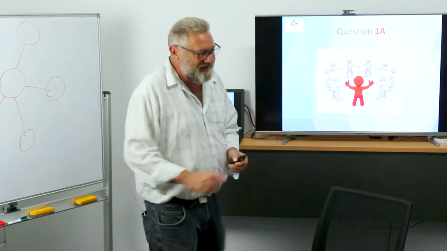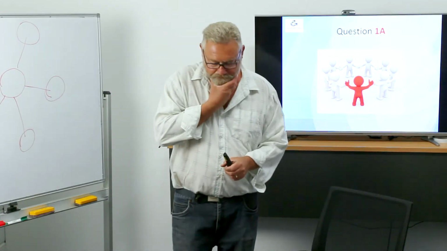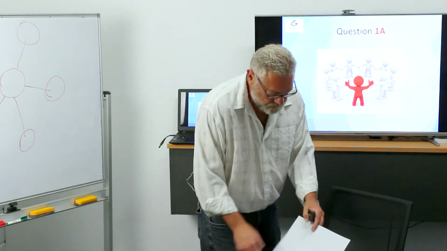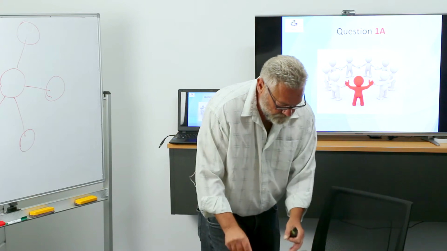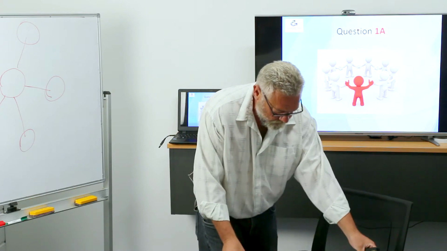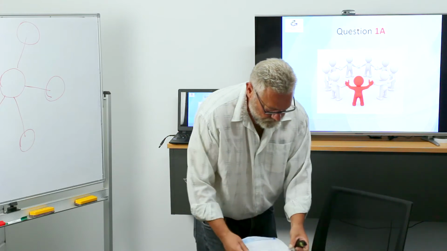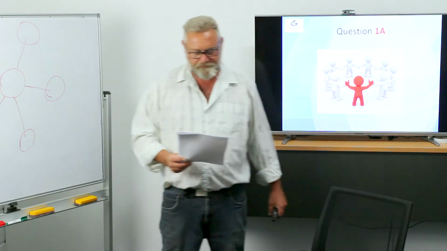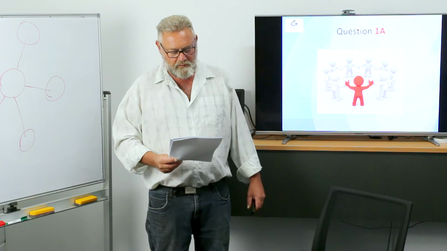So, question 1A. What does question 1A say? Provide a general summary of your job role and job description and how this relates to your role in implementing individualized plans, where relevant, references and qualifications and training that you have.